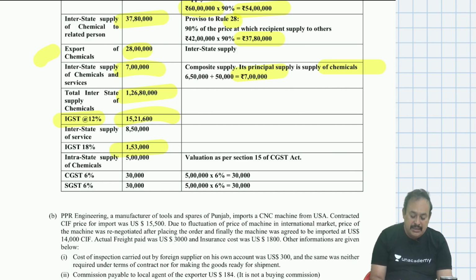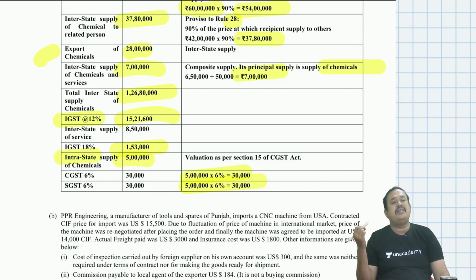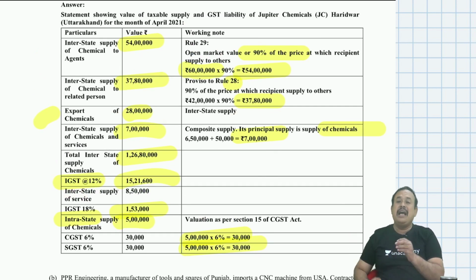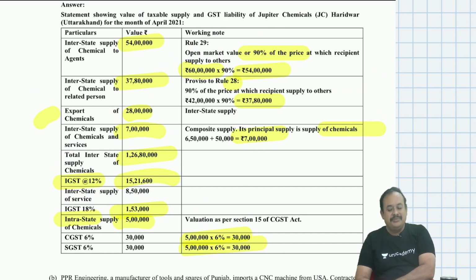Further, intrastate supply of chemicals, 5 lakhs within the state, Haridwar to Haridwar, CGST 6% each, which is 30,000 rupees CGST, 30,000 SGST. As simple as that. Answer is in front of you like a hot cake. Just have it.